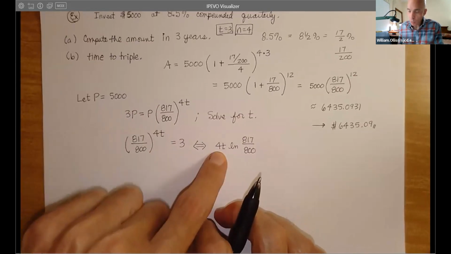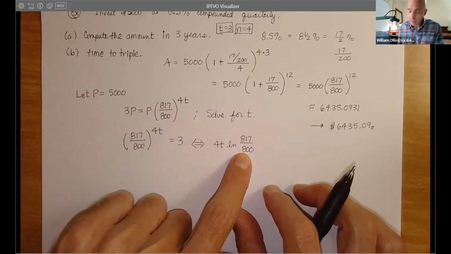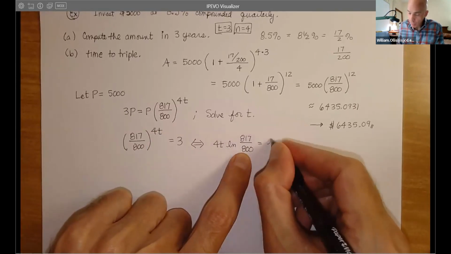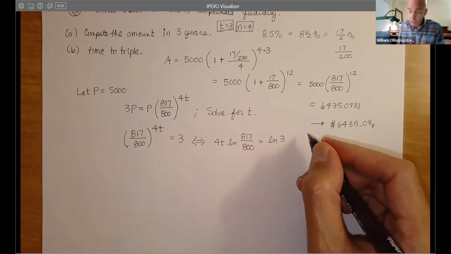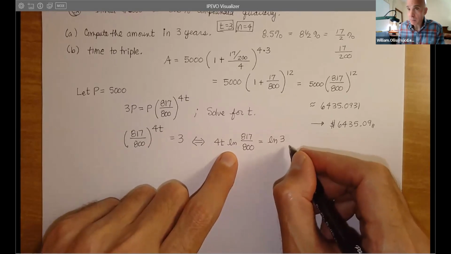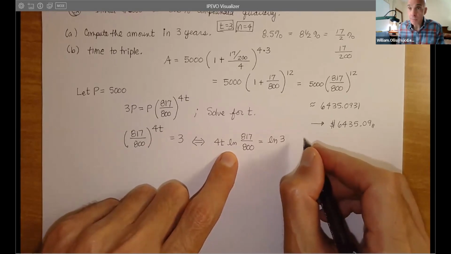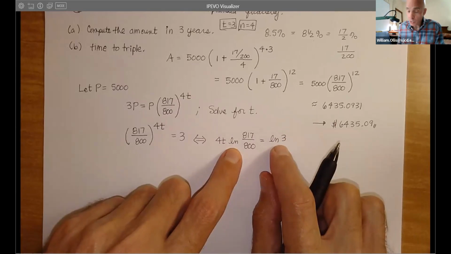So it runs from here to here, and we have the log of the base. And then, of course, on the other side, we have natural log 3. Now, why am I using natural log? Because my Google calculator has natural log. You could use base 10 log, okay? I guess it really doesn't matter. Just whichever base that you're going to use. If you're using the Google calculator, you can use ln or log.